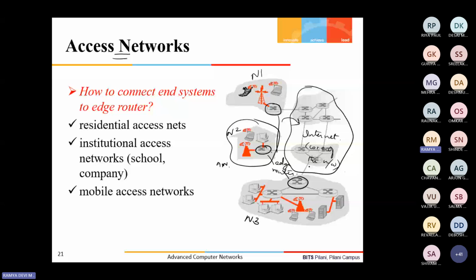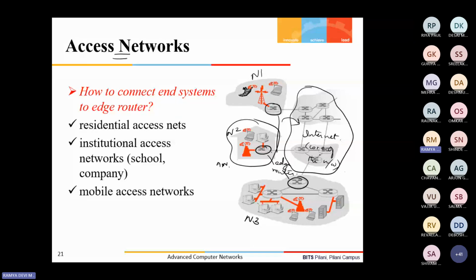Dedicated leased lines will be connected to the edge router so that high bandwidth and security are provided. So this institution network can make use of the internet connectivity.